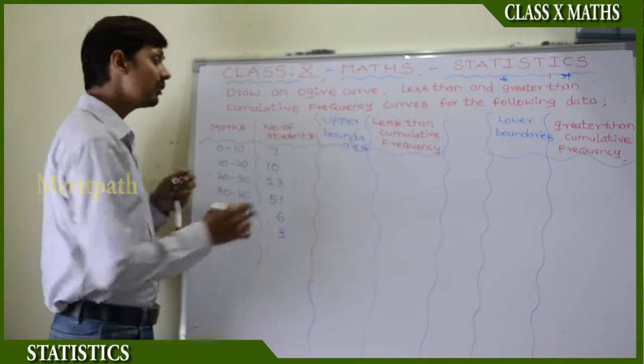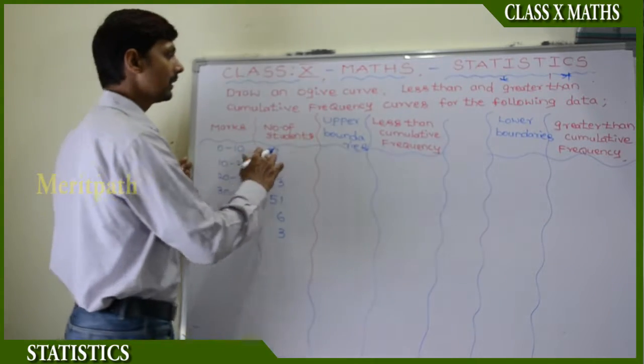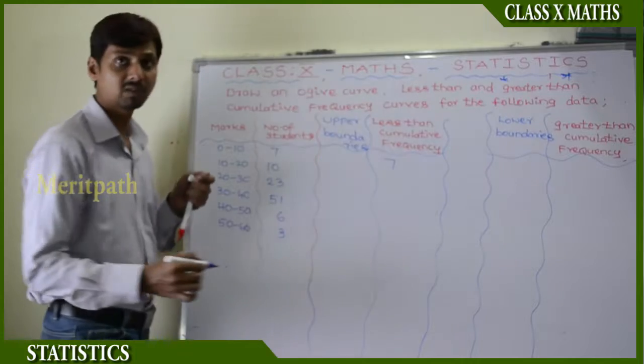In the less than cumulative frequency, we take 7 as it is from the frequency.